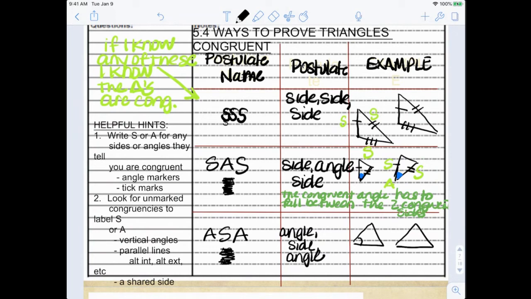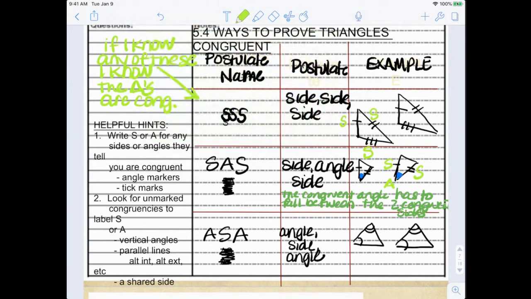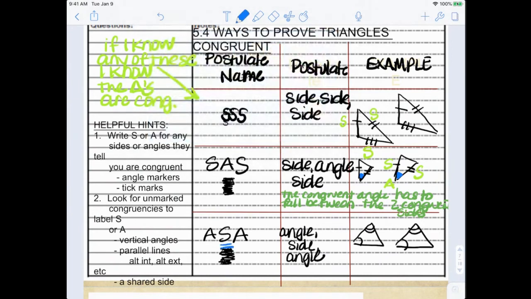If I know this angle is congruent to this angle, these two angles are congruent, the only side that could possibly be congruent in order to use angle, side, angle, so that the side is between the two angles, the congruent side must fall directly between the two congruent angles.